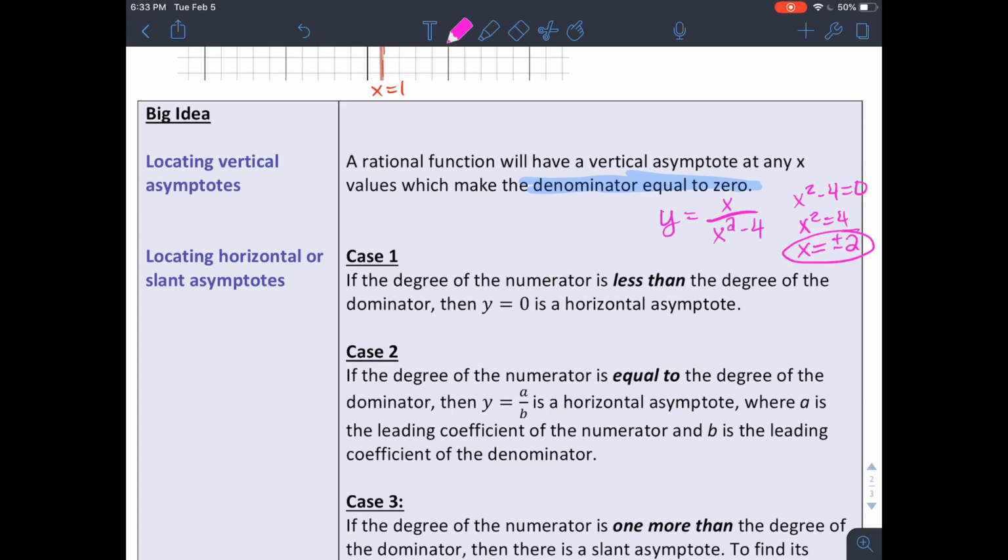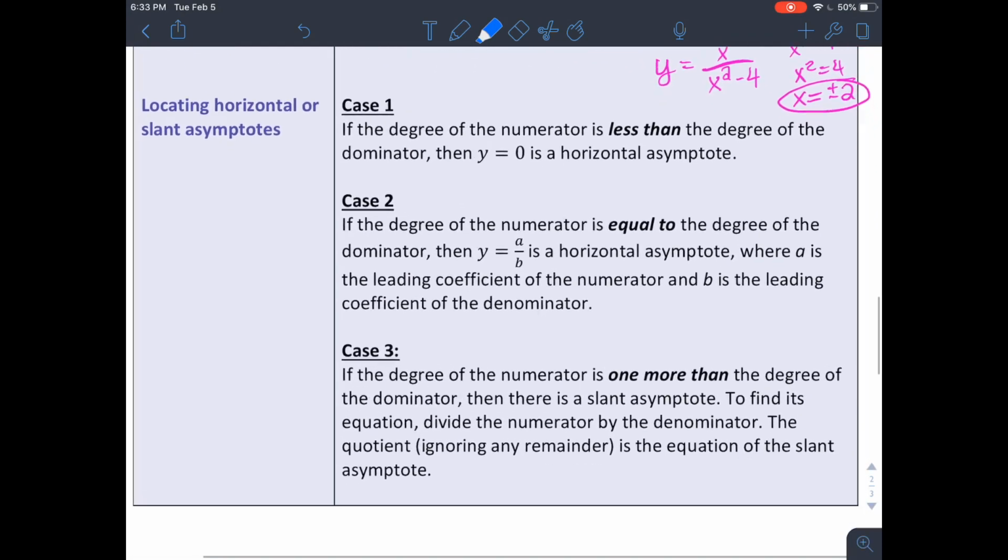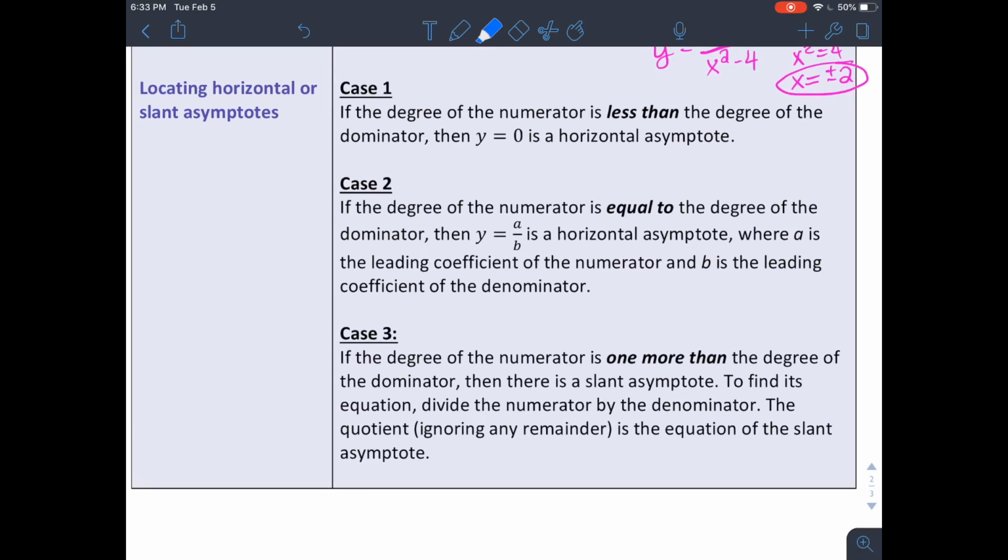Horizontal and slant asymptotes: basically you could have one of three cases occur, and it has to do with the degree of the polynomials that are being divided in your rational function. The first case is you might have a rational function where the degree of the numerator is less than the degree of the denominator.